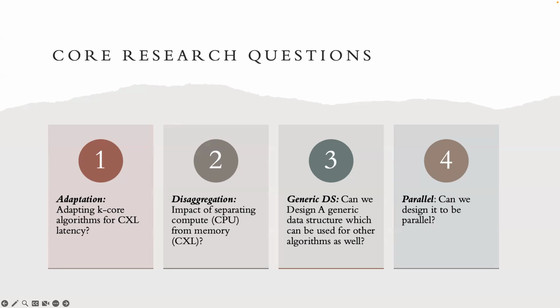Generic. So we discussed in the beginning that we will try to keep the data structure as generic as possible, separate from the algorithm, so that this can be used in other ways as well. For example, I'm not sure, like a bucket. Right? Yeah. Bucket is used by others.